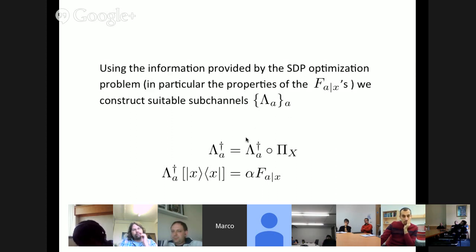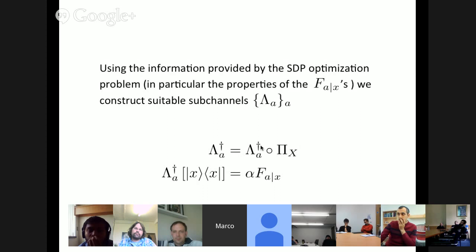The idea is simply that we want to define these subchannels, and we assume a certain construction here. I'm not providing all the details, but for example, I can mention that we do that by defining the duals of these subchannels in a relatively straightforward way, and you can see that we do use the Fs in this assignment that defines the channels.